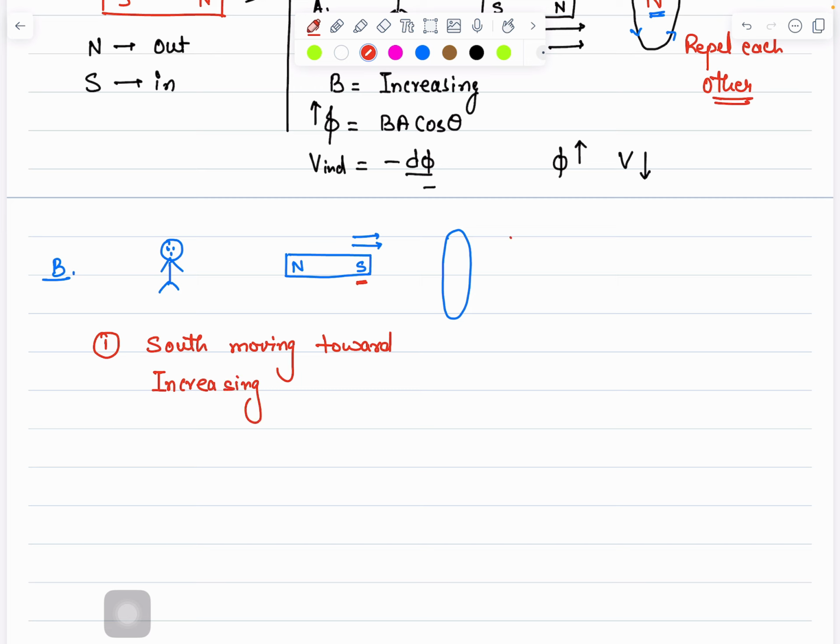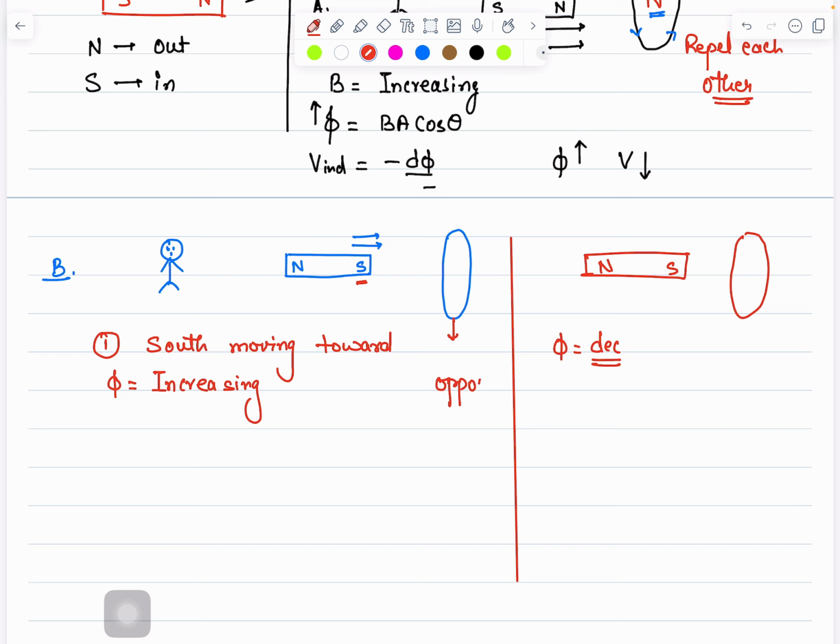I'll take one more question here, the same question, but let's say here is your north, here is your south, and the same circuit, and I will say flux is decreasing. Here flux is increasing. Increasing means this will oppose, yes or no? Okay, if it opposes, there is south, here should be south. It will oppose. But in case number 2, let's say flux is decreasing, then what will happen?